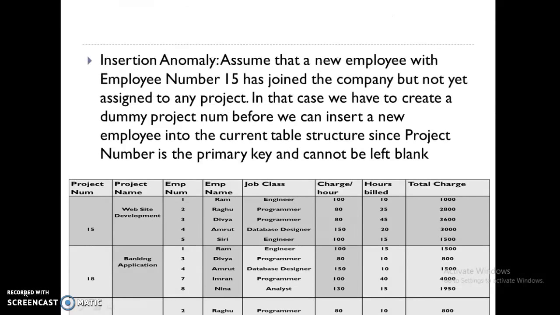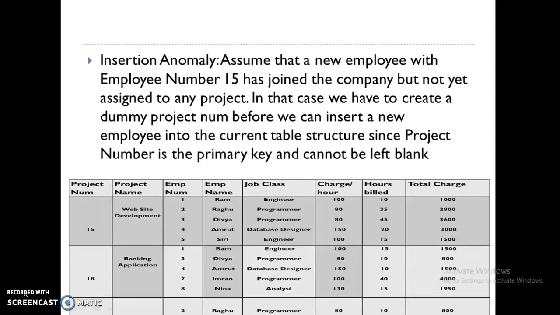The second kind of anomaly that typically occurs in these kinds of structures is an insertion anomaly. An insertion anomaly is when you try to insert new data into your given structure, and you're forced to create some other kind of dummy information just to be able to fit in the given structure.